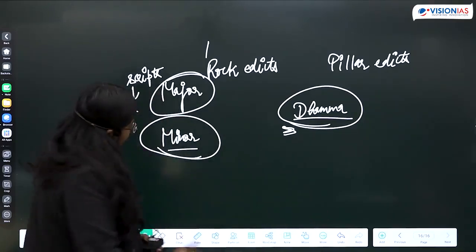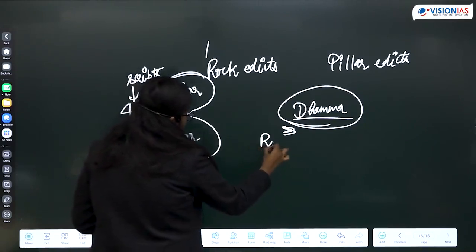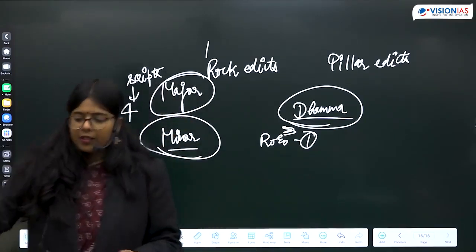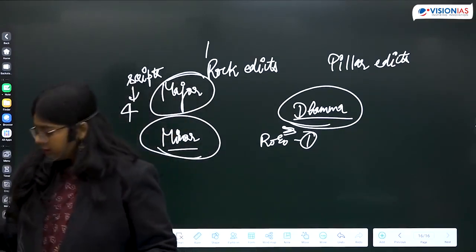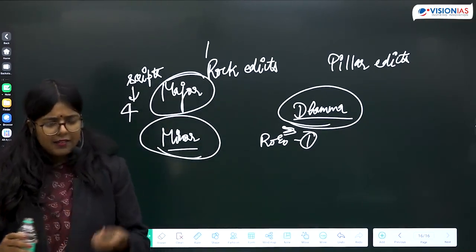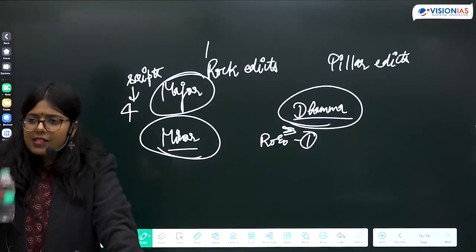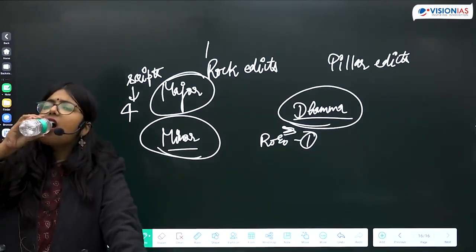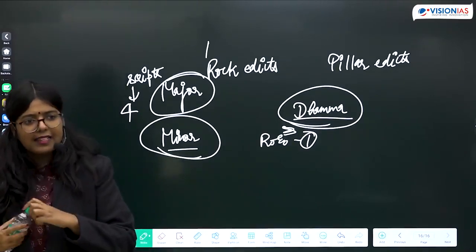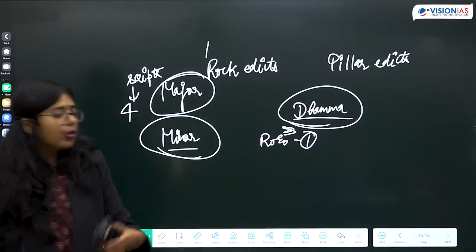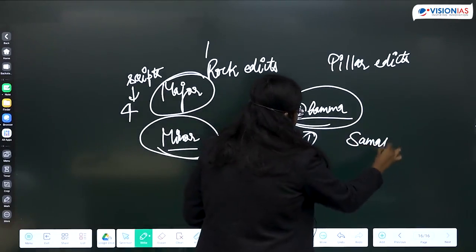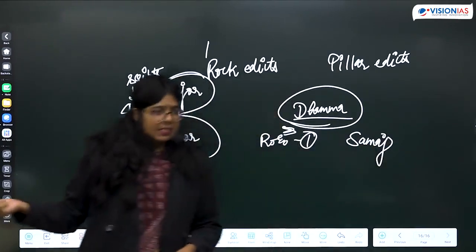Okay, so now when we talk about the first rock edict, what is there? Do any of you remember it? So he is prohibiting animal sacrifice. What is the term that he is using in that context? He is saying that I am prohibiting certain samaj.